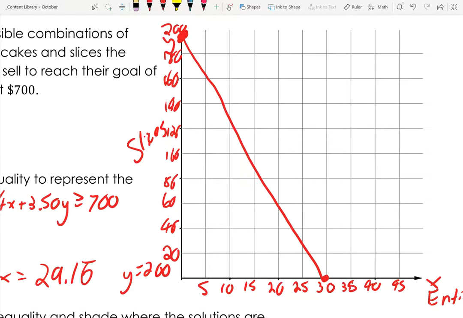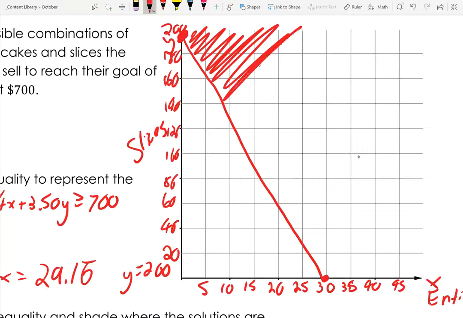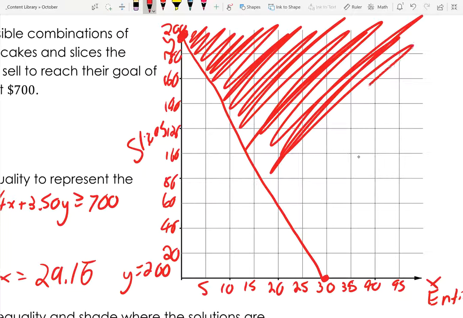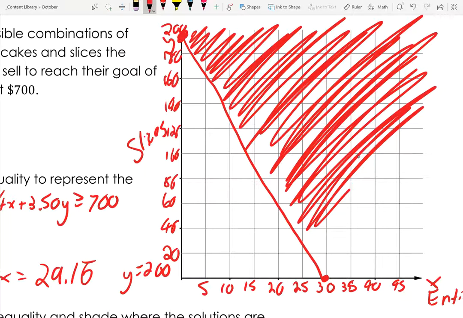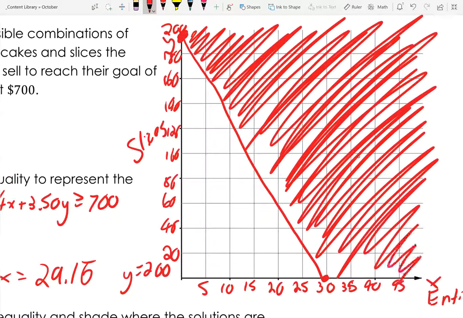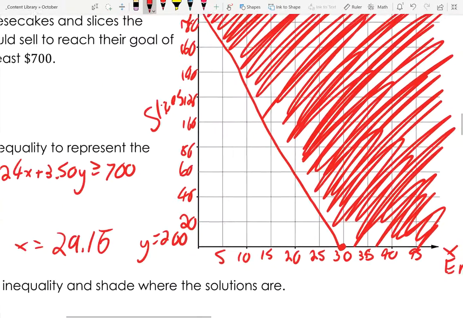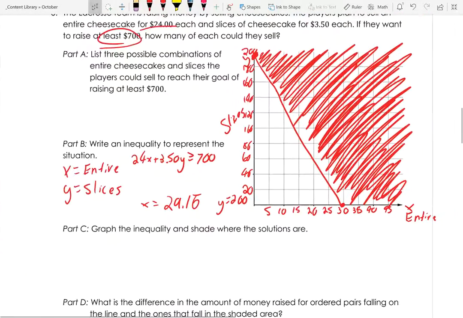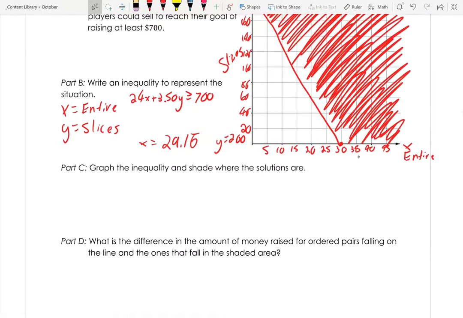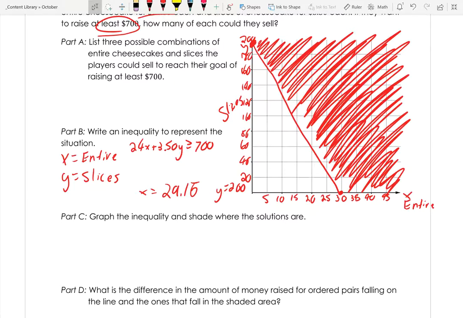Our goal is to make at least 700, so we want $700 or more. So we're going to shade a region above this. Looks kind of terrible, but it works. All the solutions are in the shaded region.